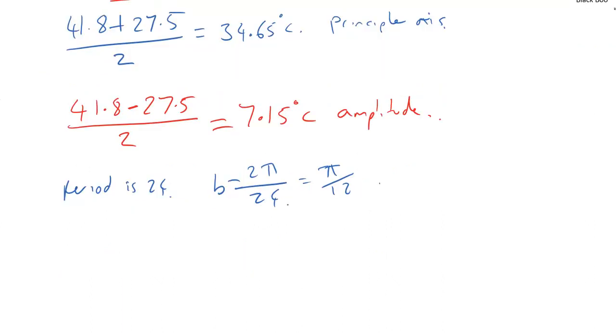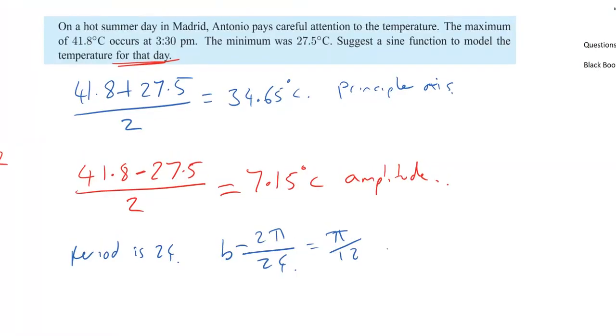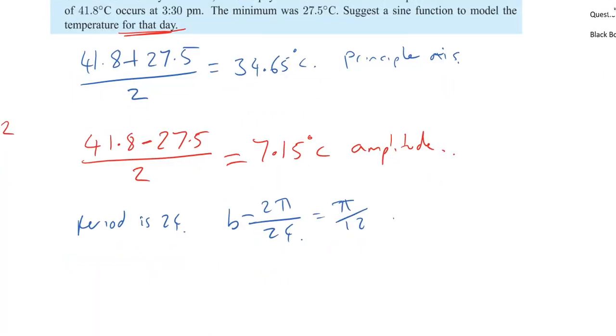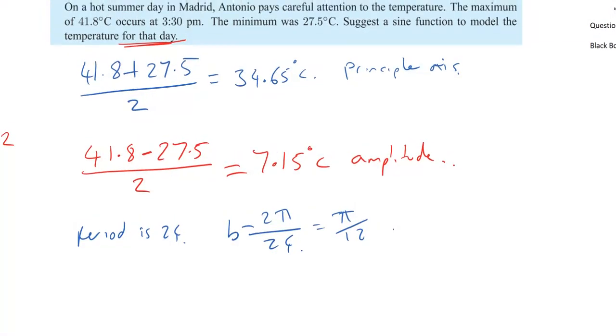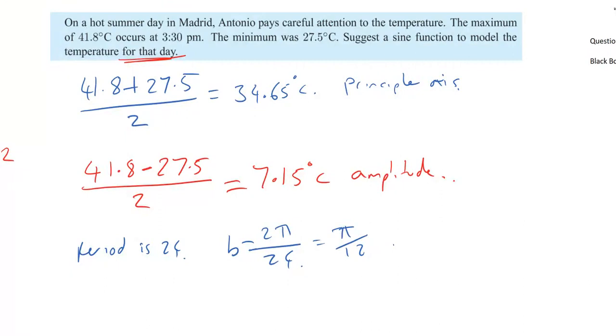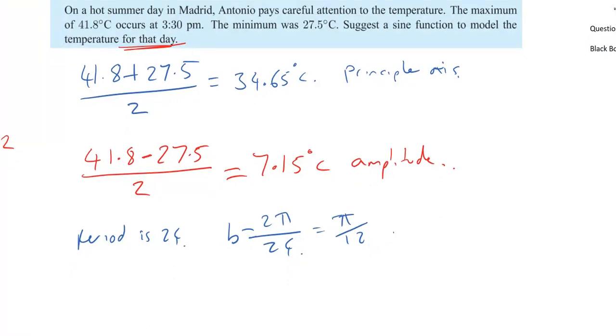Okay, carrying on. Well, what else do we know? We've got some sort of phase shift to the right or to the left happening because we do not have that principal axis starting at 0, right, in the middle of the night. That is not the case. We've got to work out something when we've got this maximum at 3:30, right? So that's going to be a bit tricky to think about.